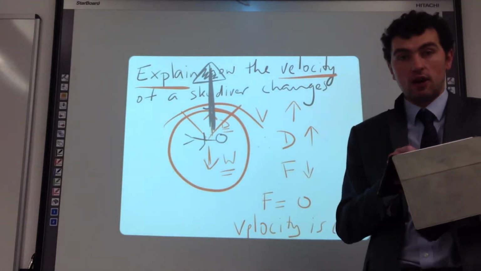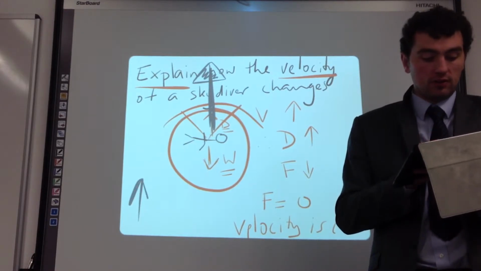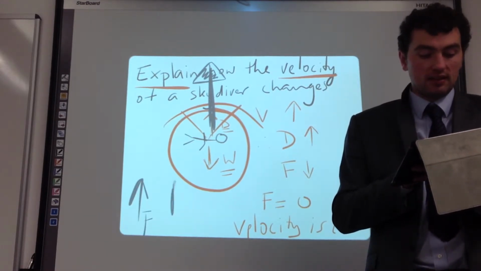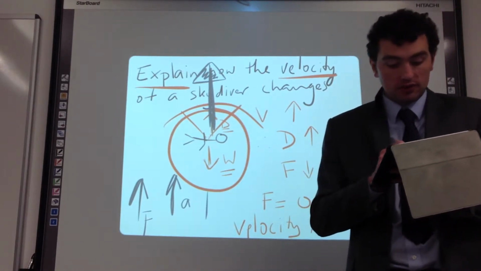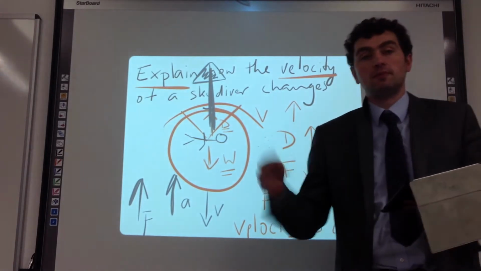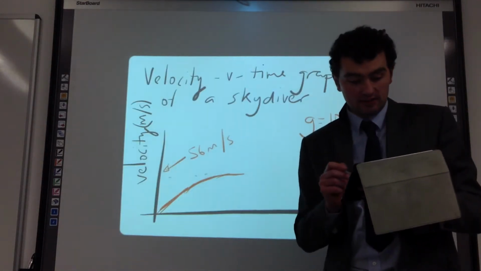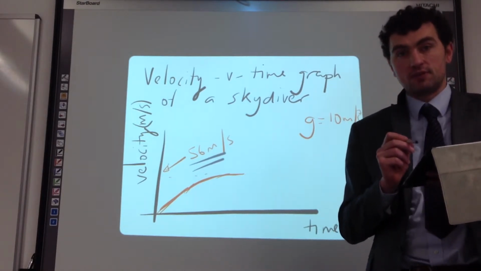Now what's happened is, the resultant force is up. So if the resultant force is up, that means the acceleration is up. And if he's got a velocity which is going down, an upwards acceleration will cause him to slow down. So for instance, his velocity at this point in time is 56 meters per second.